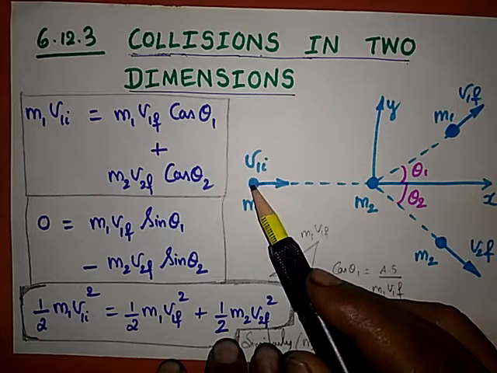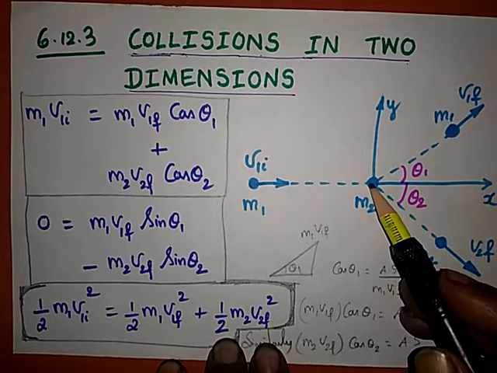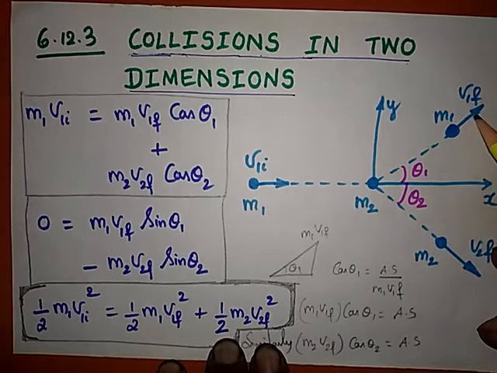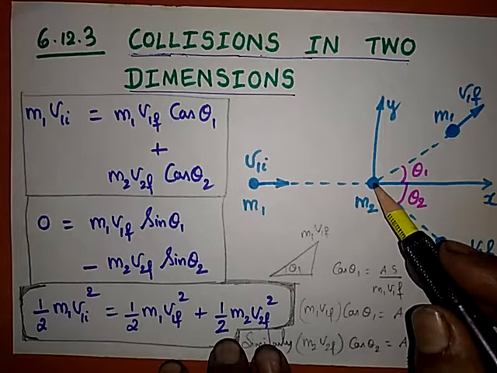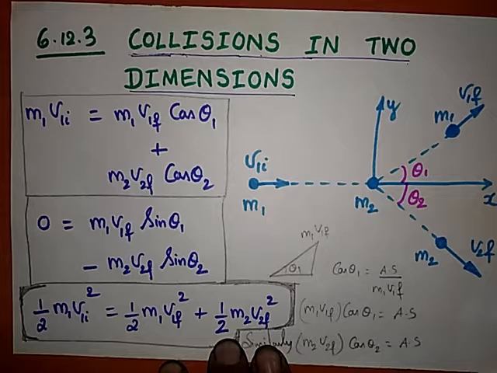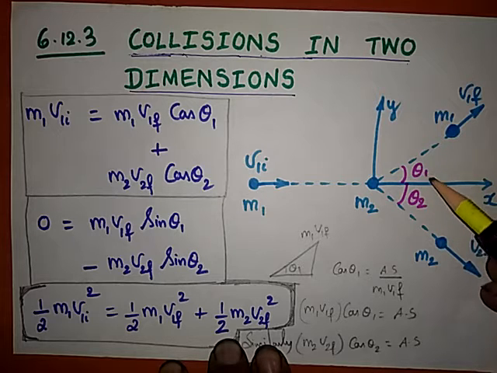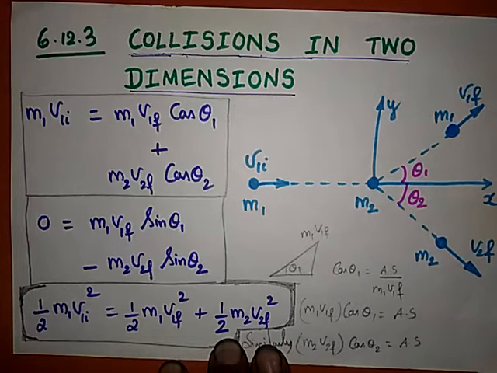Because it strikes here, mass 1 goes in this direction with velocity v1f. v1f is the final velocity, and mass m2 is moving in this direction with velocity v2f, which means the final velocity of this object. The angle for mass 1 is theta 1 and for mass 2 it is theta 2.